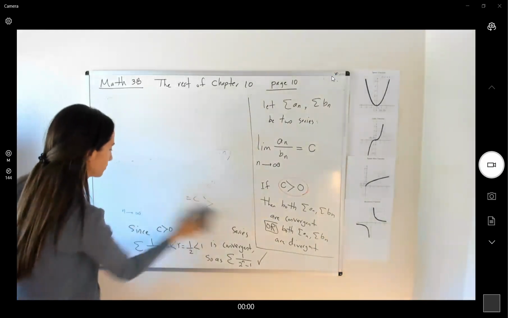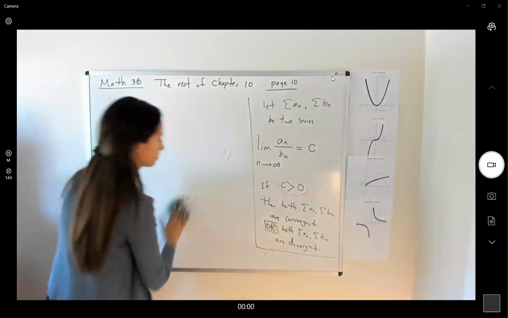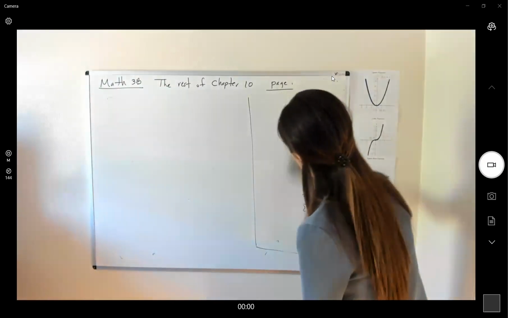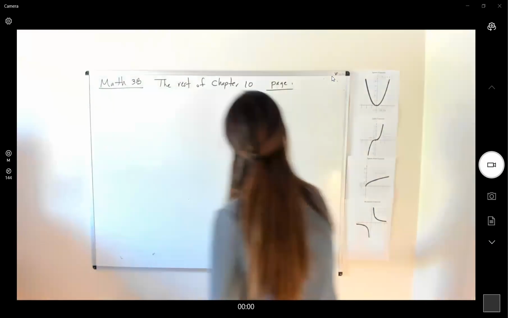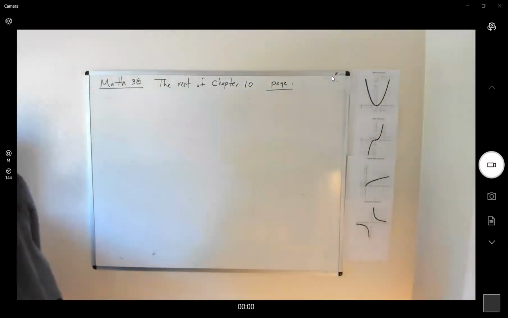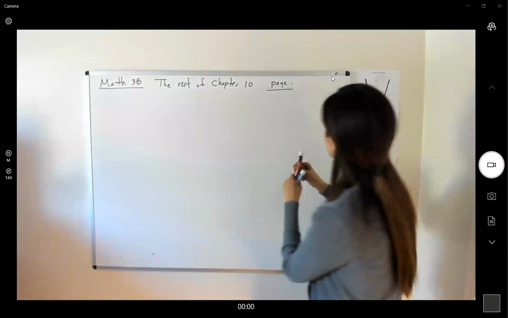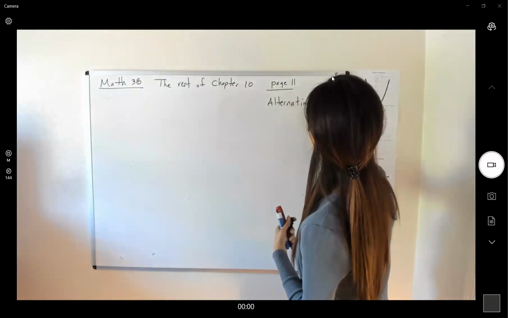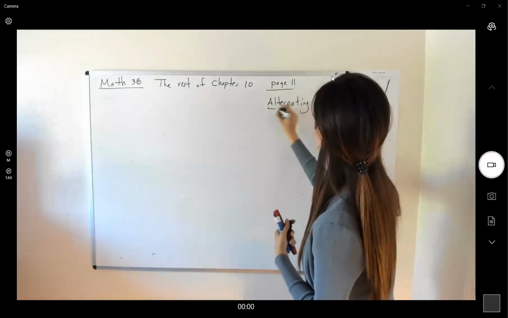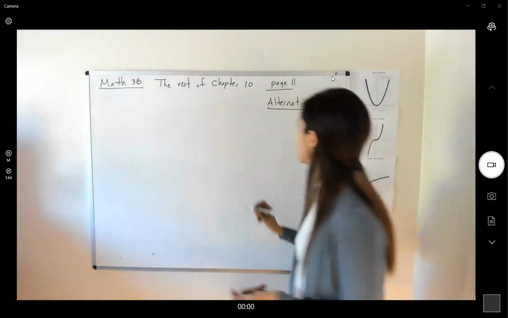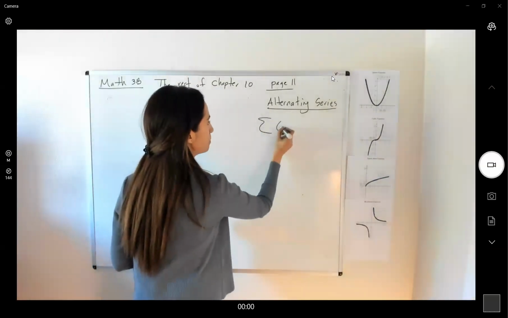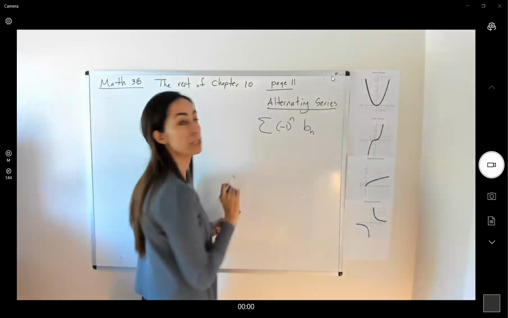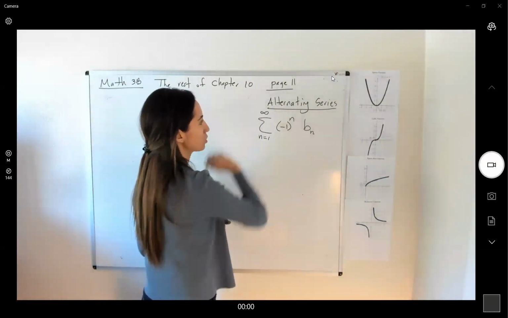Alternating series. Series of this form, sum of negative 1 to the n times a term like Bn, n starts from 1, goes to infinity.